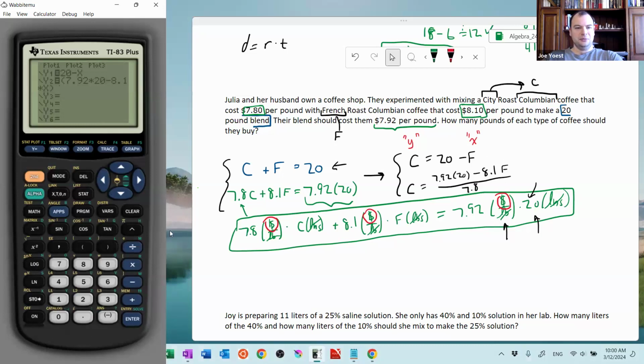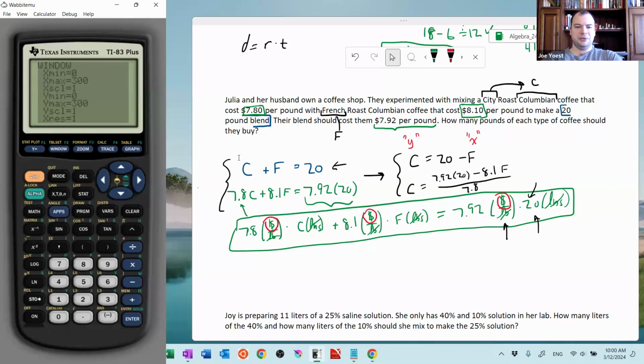That's the entire numerator. That whole thing gets divided by 7.8. So let me just double check that. 20 minus X, that looks good. 7.92 times 20 minus 8.1 times X, all in parentheses, divided by 7.8. That looks good as well.